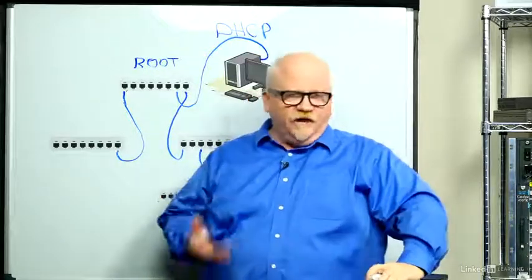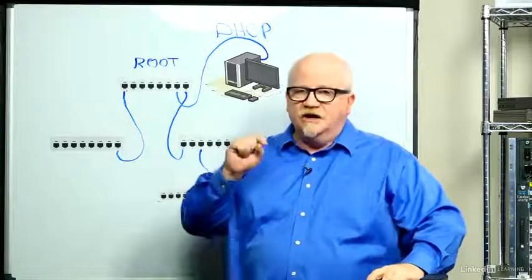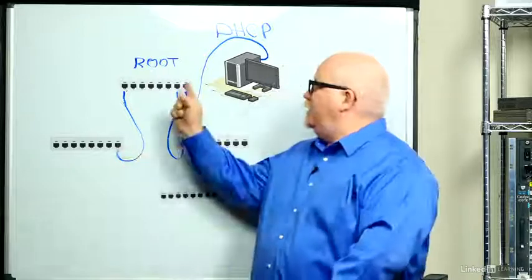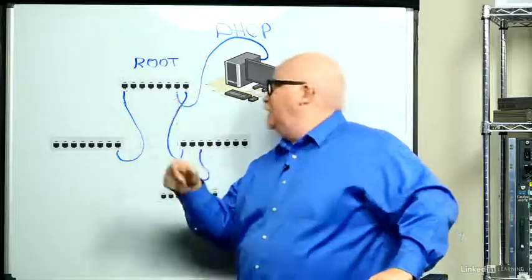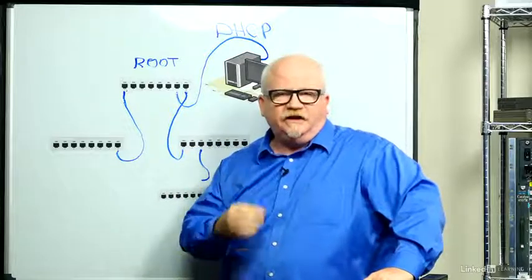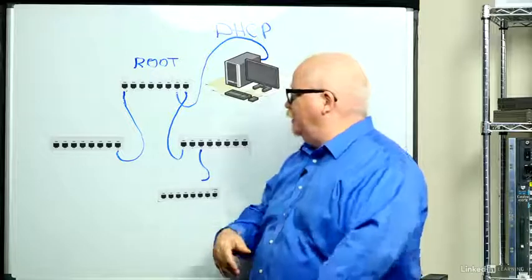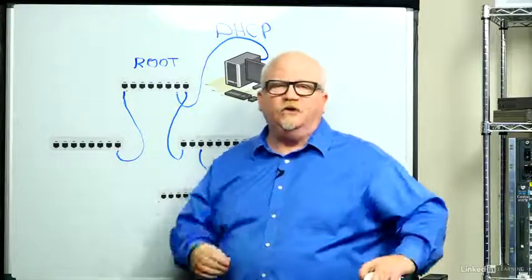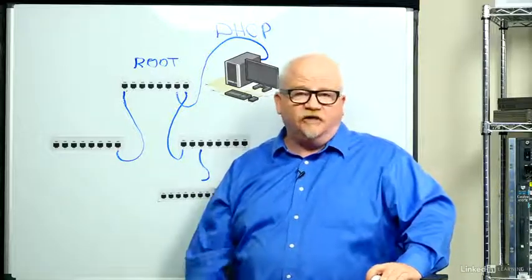DHCP snooping is a very simple process where you configure the switches to say you are directly connected to a DHCP server. So I will go into this switch and I will say port 7, in this particular case, I can read it, you can't, is directly connected to a DHCP server. That way, if somebody were to come along and try to plug another DHCP server over here, the system would automatically know that there is a rogue DHCP server and begin shutting off ports.